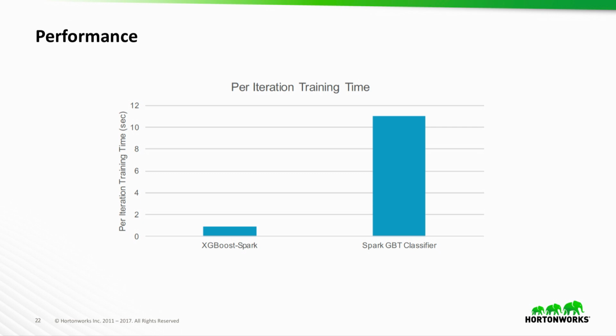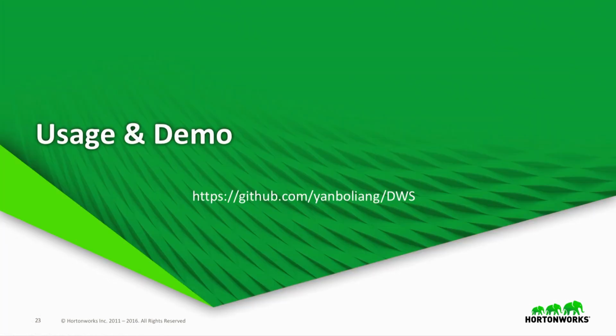But for memory use, XGBoost is still not very optimized, because currently we need to keep 2 copies of the data on each executor partition. So maybe in later releases, we can optimize this. We are looking forward to that.